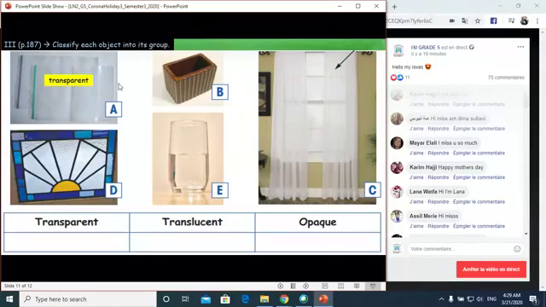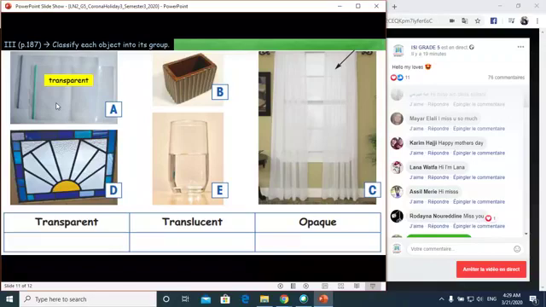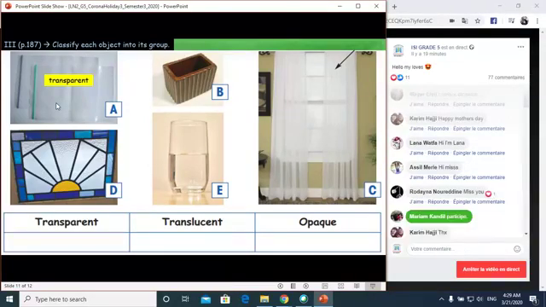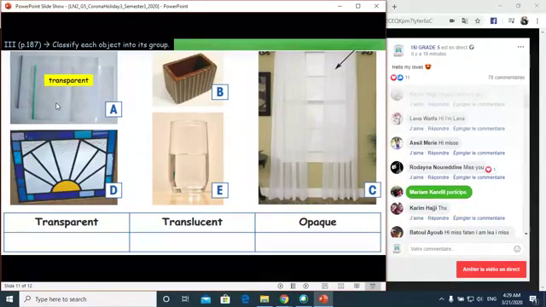Imagine that you're looking at something through these plastic bags. You're holding the plastic bags in front of you and you are looking through them. Can you see a clear image of everything around you? Yes, it's clear. We can see through them clearly. Karim, please use your personal account now.